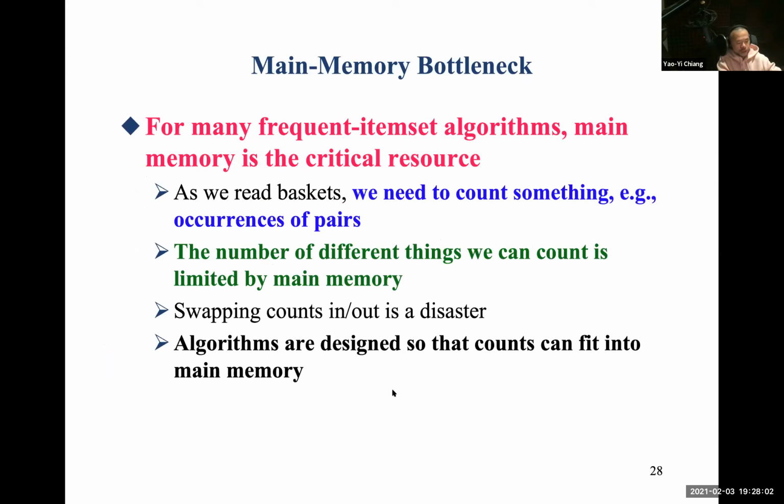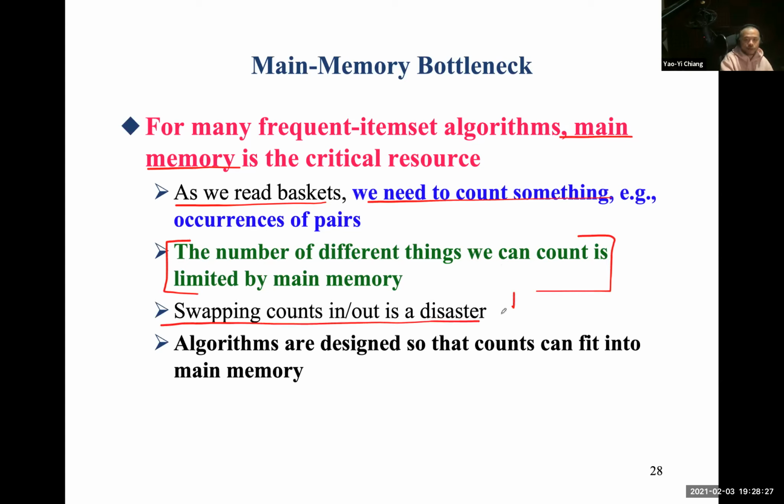For many frequent item set algorithms, the main memory is the critical resource, because as we read your baskets, we need to be able to count something, and the number of different things we can count is limited by the main memory. We do not want to swap counts in and out from your disk.